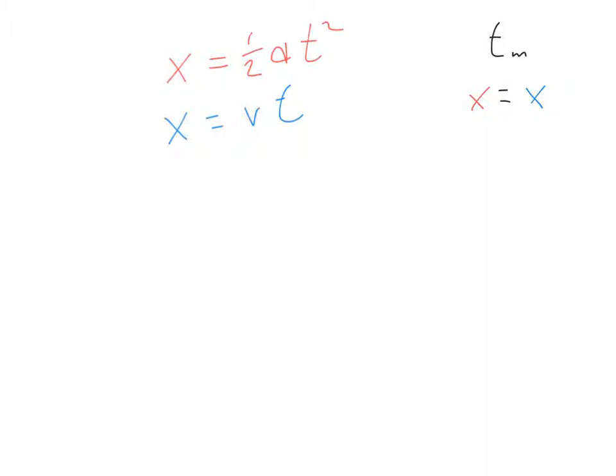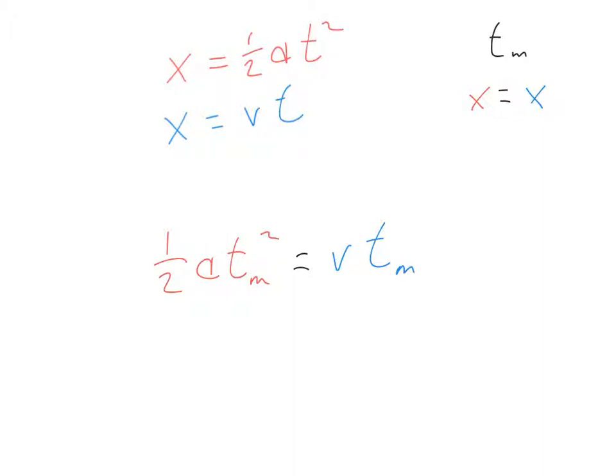So let's set the two equations equal to each other. We're going to have 1/2 a t_m squared equal to v t_m, so that time when they meet.